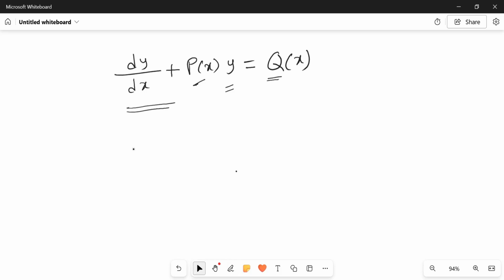So how do we solve this kind of equations? That's the question. To solve a first order linear differential equation, there are a few steps that we have to follow. First one is, we have to write any first order differential equation that is linear in the standard form, that is in this form.